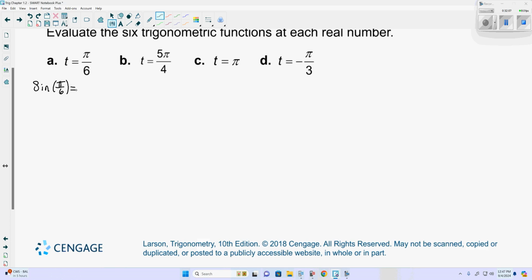Sine of pi over 6. So we take our unit circle and go to pi over 6. Sine is the y value, and the y value at pi over 6 is 1/2. Cosine of pi over 6 is square root of 3 over 2.